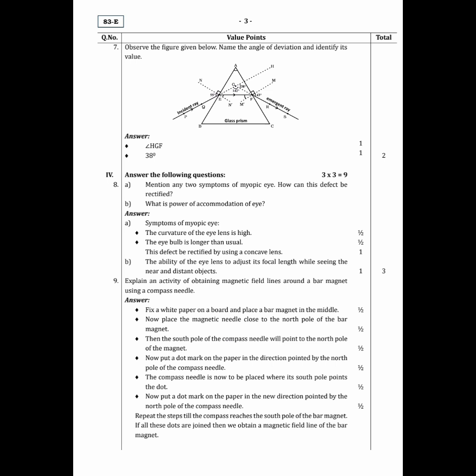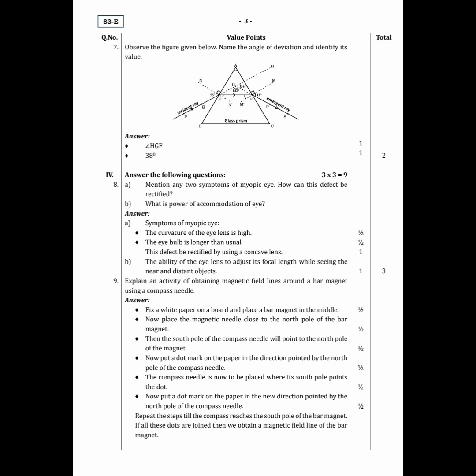The curvature of eye lens is high. The eye ball is longer than usual. This defect can be rectified by using a concave lens. Next for second B question, answer is the ability of the eye lens to adjust its focal length while seeing the near and distant objects.